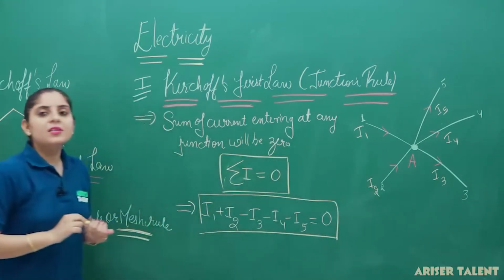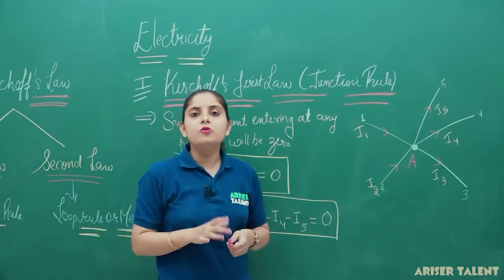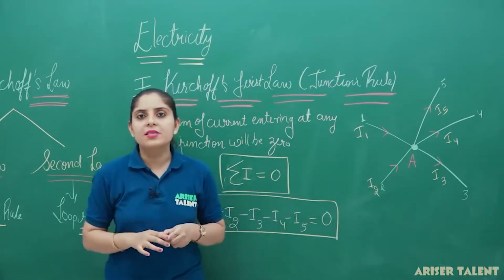Now, from this law, you can easily understand that if the summation of current equals 0, it is following the law of conservation of charge.